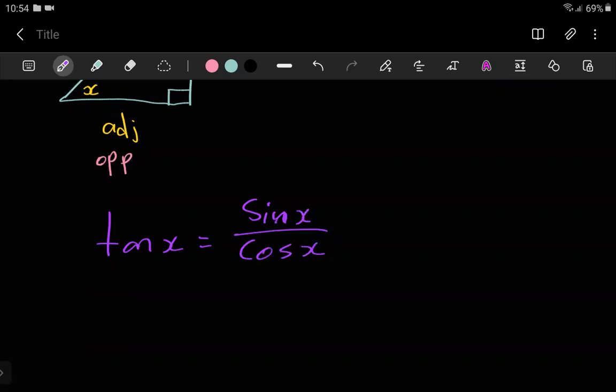This is more like a law. Regardless of what x is, x can be a specific angle, x can be two values put together, it doesn't matter. Whatever this value is, it's the value that goes up there, it's the value that goes down there.